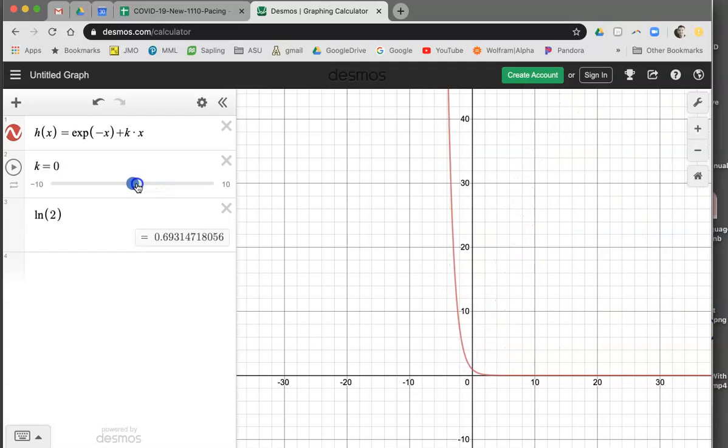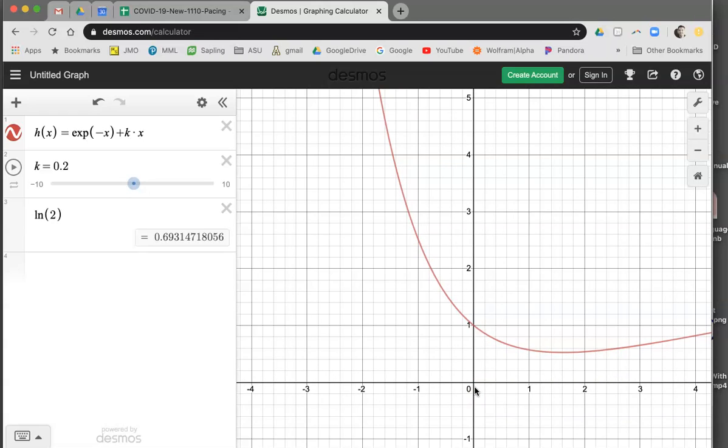Now when k was positive, we had a local minimum. When k is getting closer and closer to 0, we still have a local minimum, but now that local minimum looks like it's at a positive number. That's because when you take the logarithm of 0.2, the k value, and put a minus sign in front of that, the critical number comes out to be 1.69.